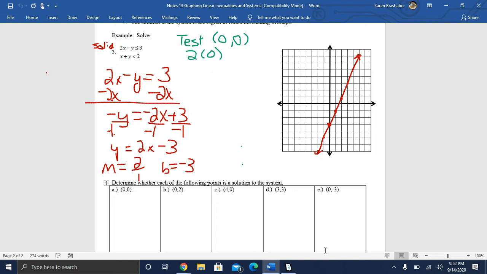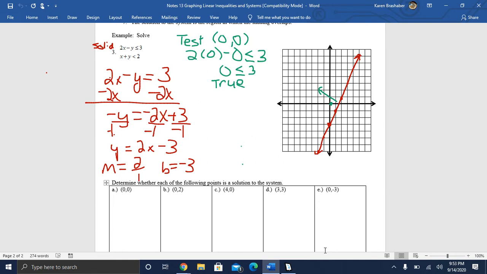So 2 times 0 minus y, so minus 0, is less than or equal to 3. And so this is 0 minus 0. We get 0 is less than or equal to 3. This is true. Now, I might not want to do my shading, but I at least want to know that it's going to shade in the direction where the 0, 0 is. The 0, 0 came out true, and so I want to shade in that direction.